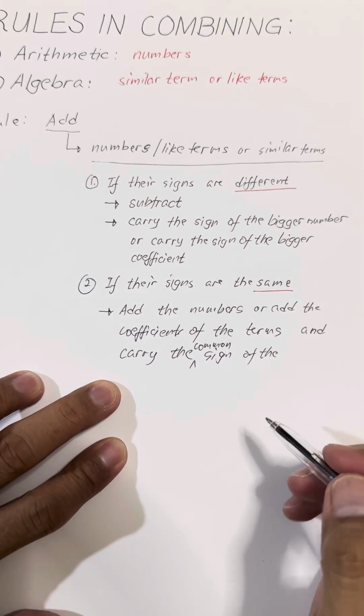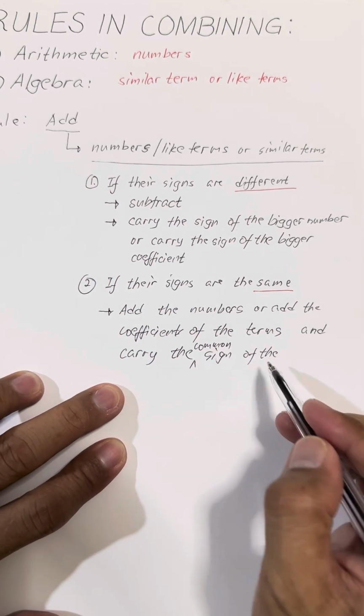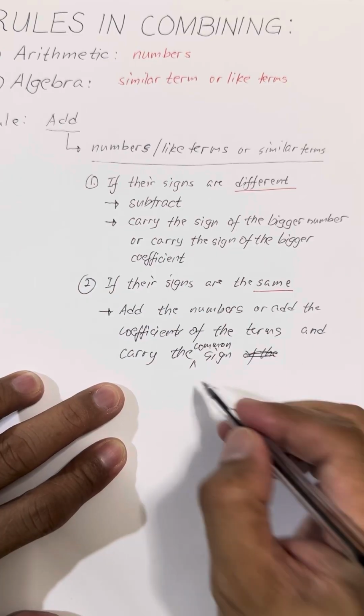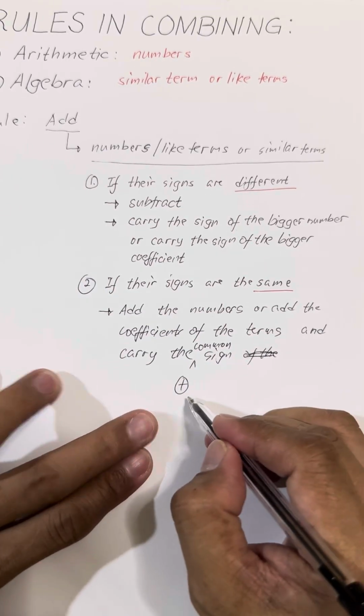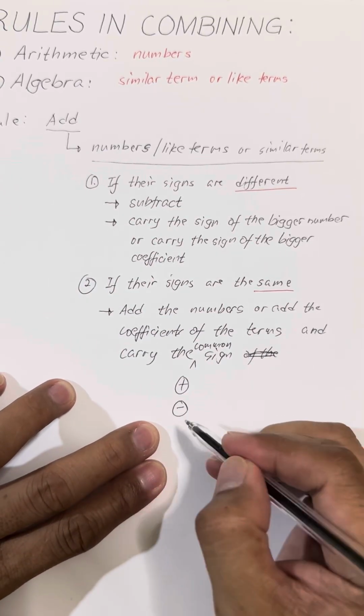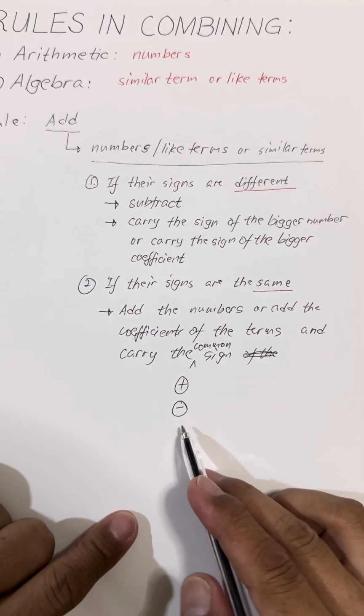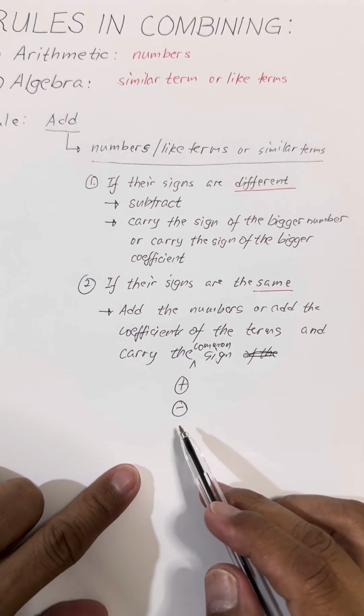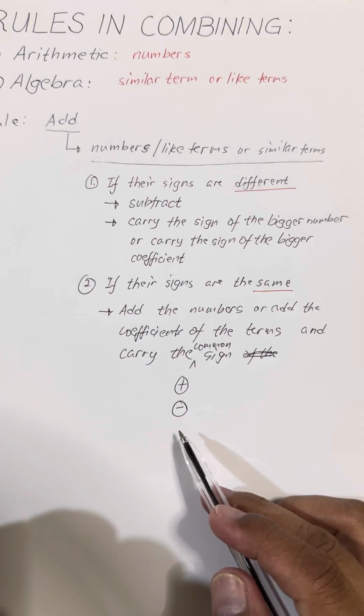If the common sign is positive, then you carry the positive. If the common sign is negative, then carry the negative sign for your final answer or for your result.